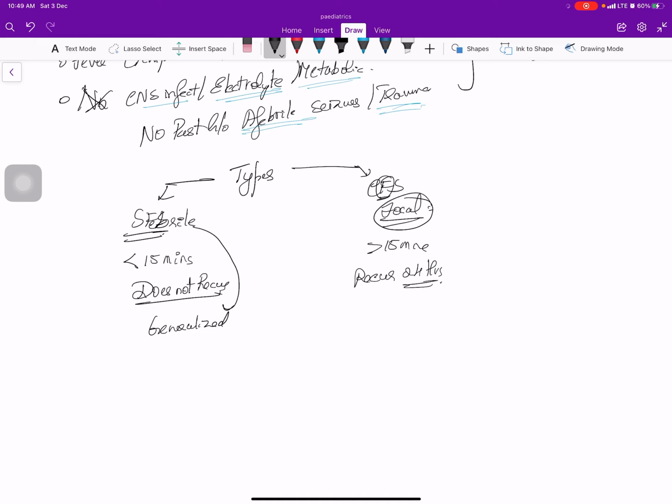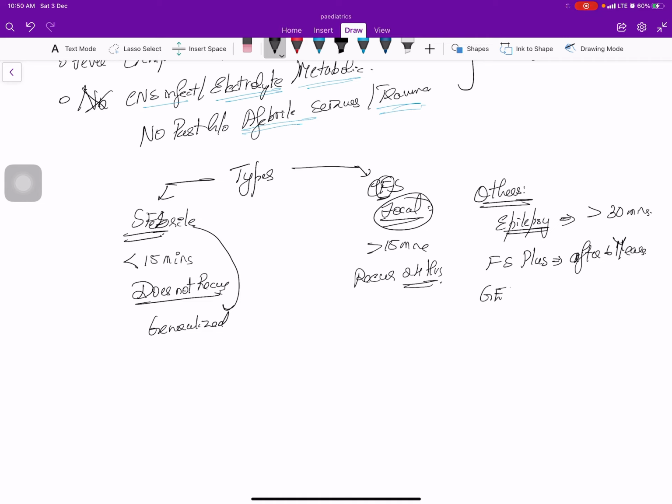So a few other variants we would say. When will this seizure become an epilepsy? If it recurs, right? More than 2 episodes in 24 hours or 1 episode greater than 30 minutes. There's something called febrile seizure plus. That is febrile seizure after the age of 6 years, since febrile seizure is 6 months to 6 years. So after the age of 6 years.